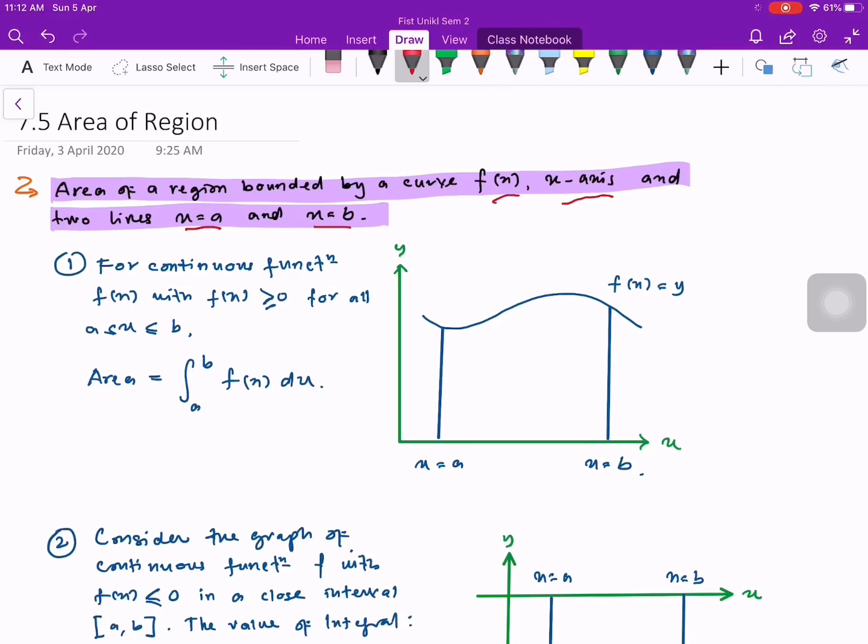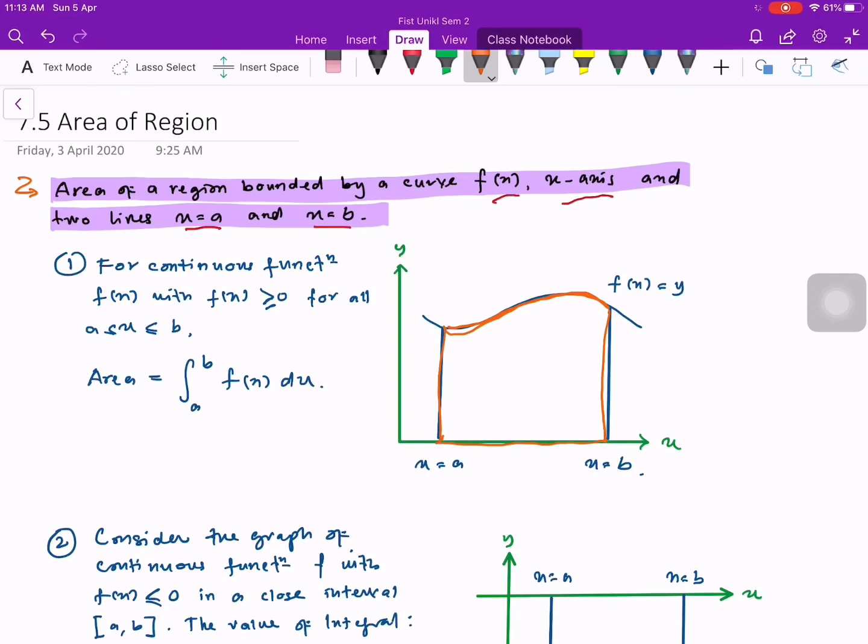Let's say that we have a function f(x) which is continuous, and f(x) is greater than or equal to 0 for all x between A and B. Let's say that we're looking for a bounded region which is bounded by the curve of f(x), and also x equals A and x equals B, and we also have the x-axis.